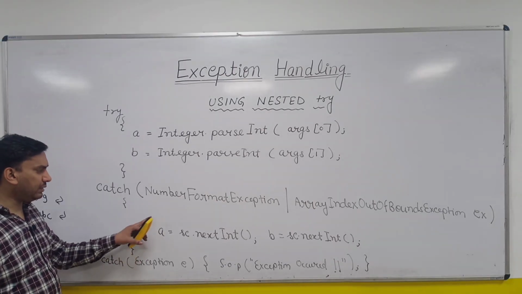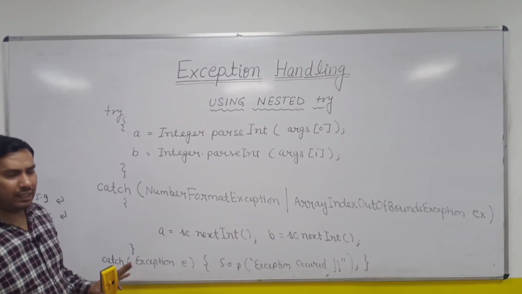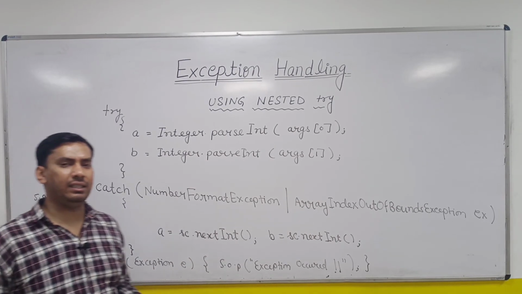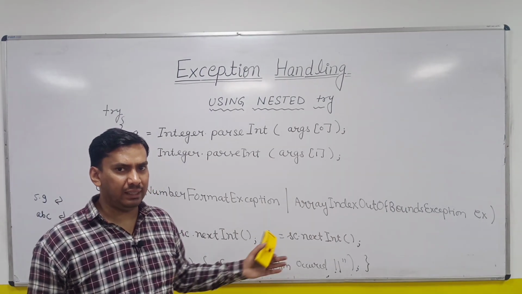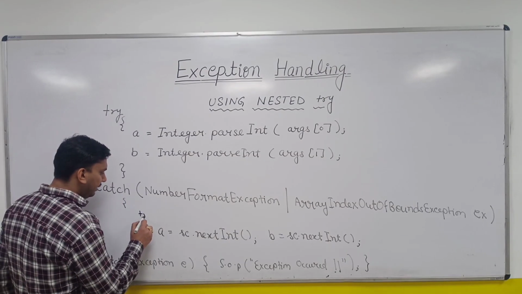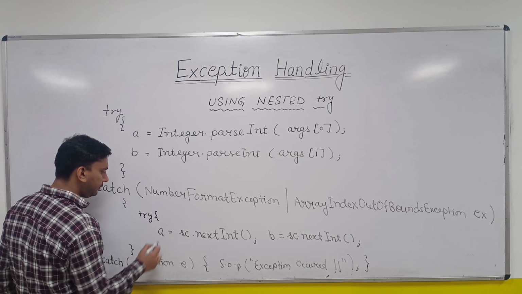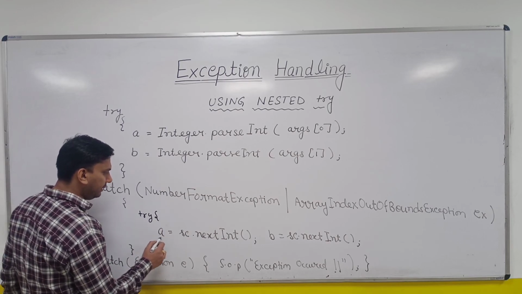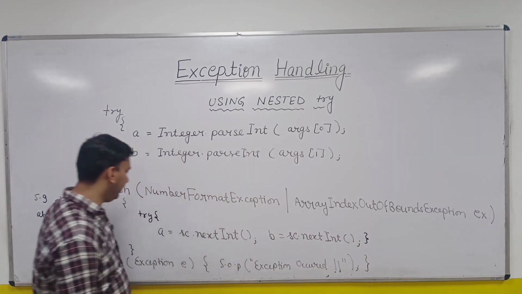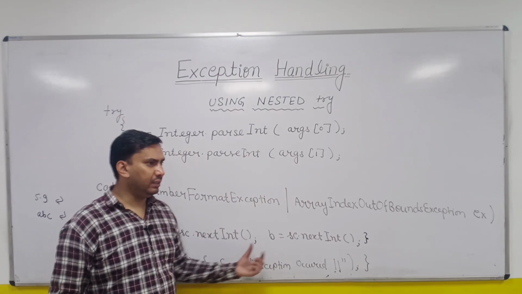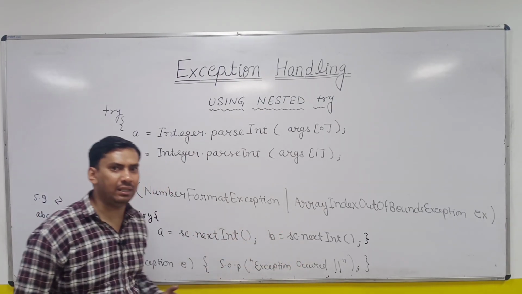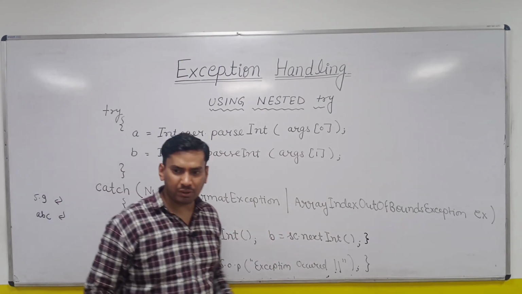What I want to do is handle this situation also. Even if the user enters incorrect values at runtime, I can give one more chance. So let us write the try block here. Definitely we will write these two statements inside this try block. As soon as you write it inside the try block, you need to write some catch block.